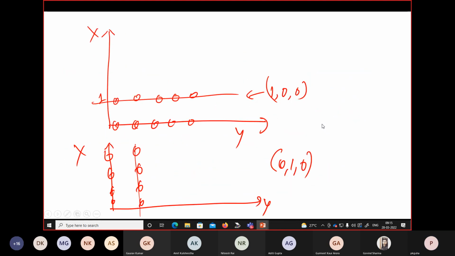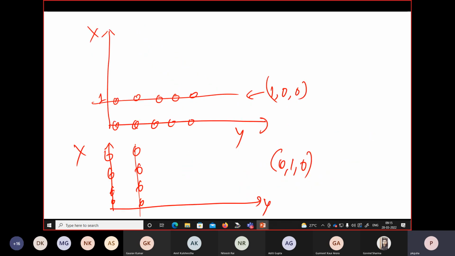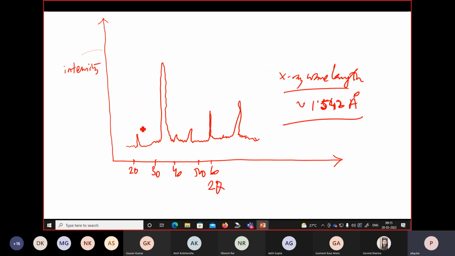Now let's write the corresponding Miller indices over 2 theta. Say I have this, and I'm putting some number, say this is 23.10 degree.